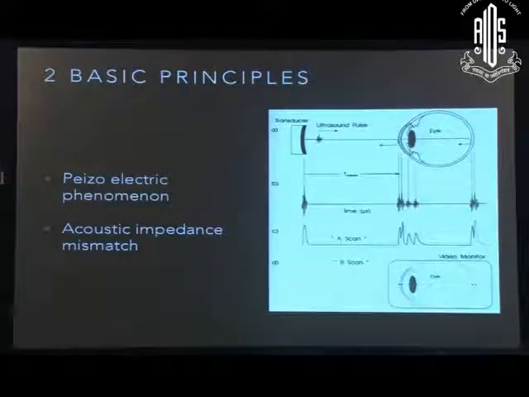It emits an ultrasound pulse, which is then passed to the eye, and depending on the various interfaces, you get returning echoes, which are converted into a one-dimensional display, or an A scan, or a grayscale two-dimensional display, or a B scan. And the second most important principle which helps us to interpret the ultrasound is acoustic impedance mismatch, which is basically a difference in the acoustic impedance between different structures in the eye.